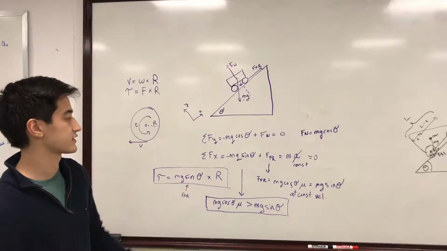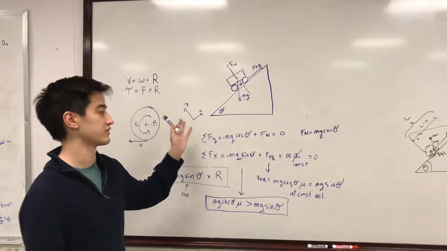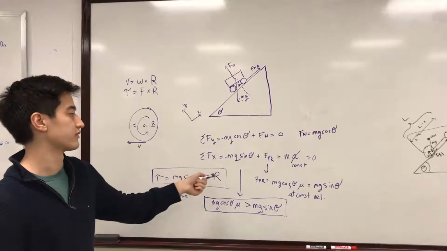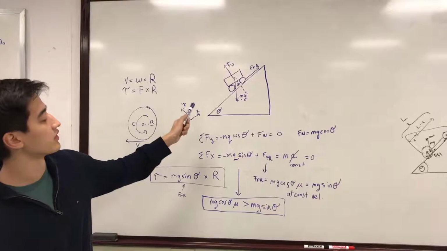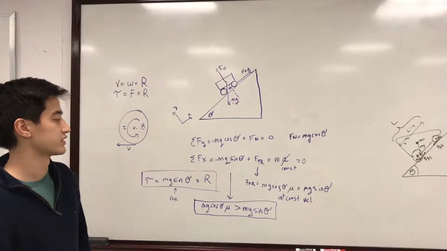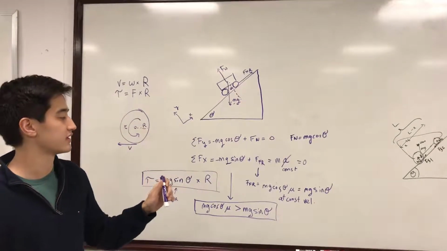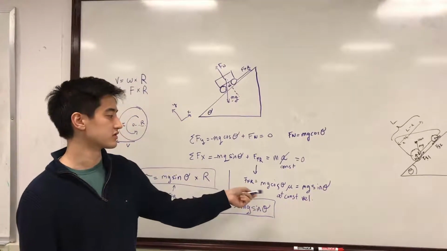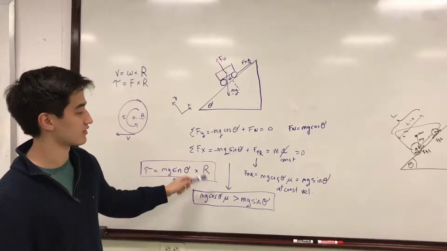Then in the x direction, because you're idealizing it, the velocity is constant, so there's no acceleration, and you find that the force of friction is going to equal the component of gravity in the x direction. So you essentially have two different equalities for friction, one coming from here and one coming from here, and you can set them equal.